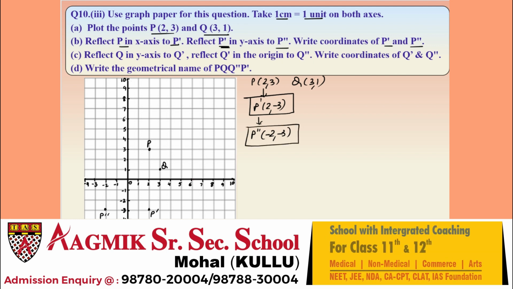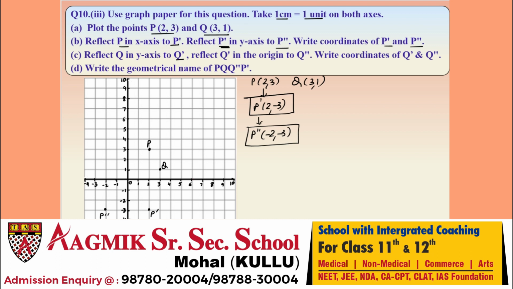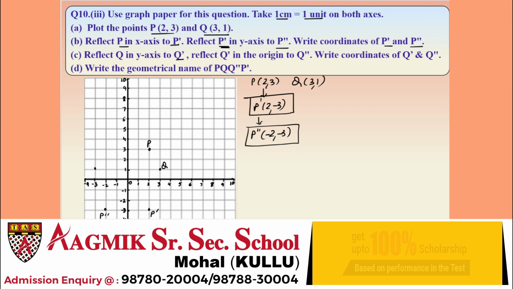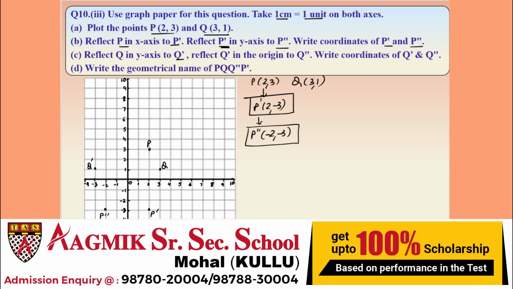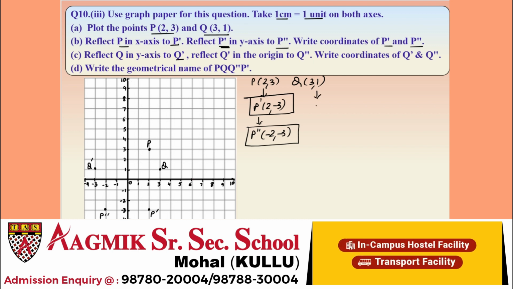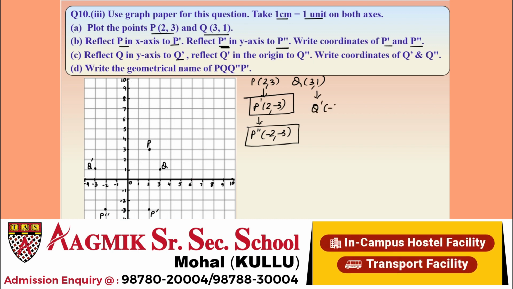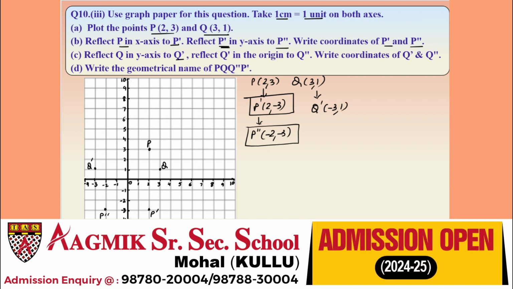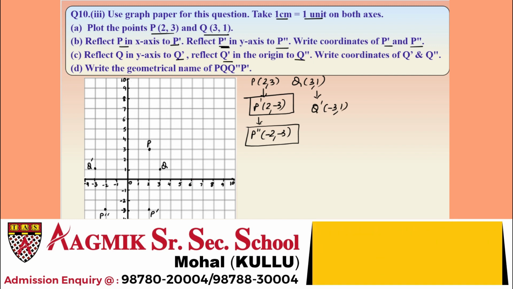Now part C, reflect Q in y-axis to Q dash. So if you reflect Q in y-axis, it is (3, 1), it will be this Q dash (minus 3, 1). So reflection in y-axis will give you Q dash (minus 3, 1). Then you have to reflect Q dash in origin to Q double dash.